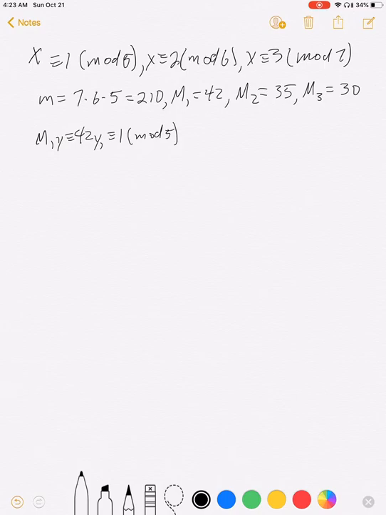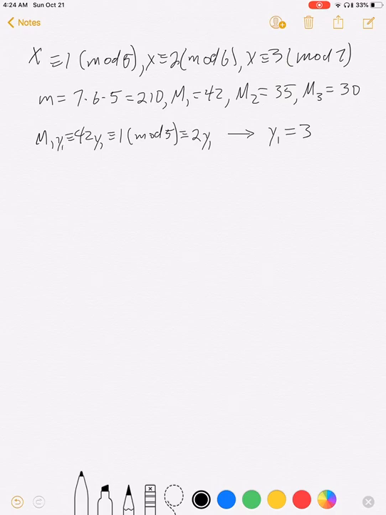But remember, I can take the modulus of any factor, any term, and retain the modulus. So that's going to be congruent to 2 y1, and that means y1 can be 3. So 3 is an inverse of 42 mod 5.